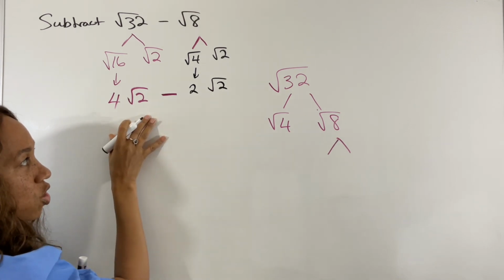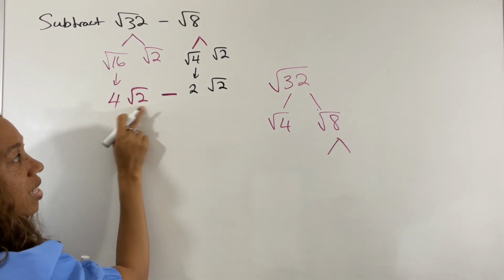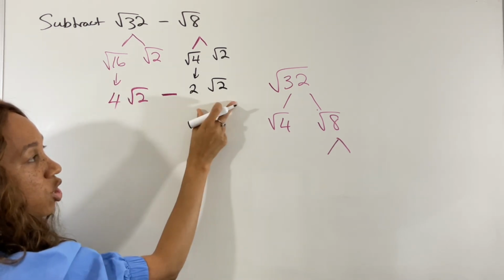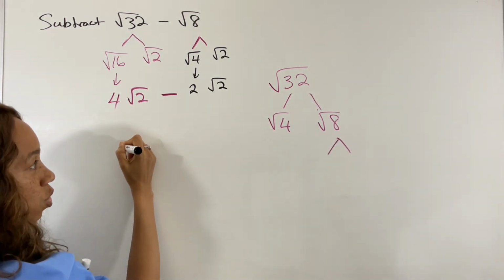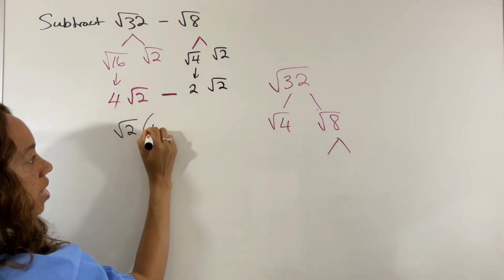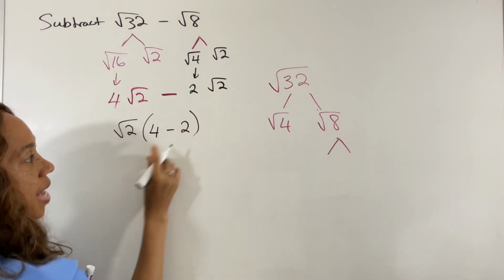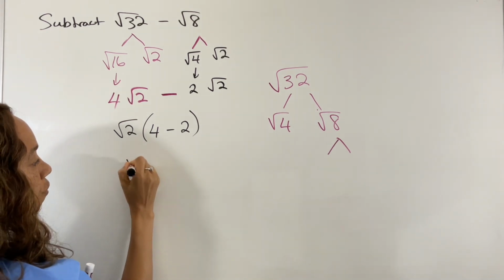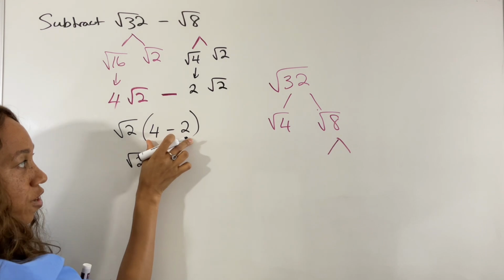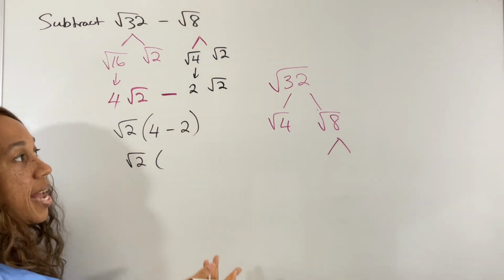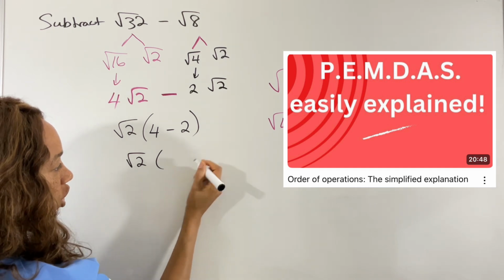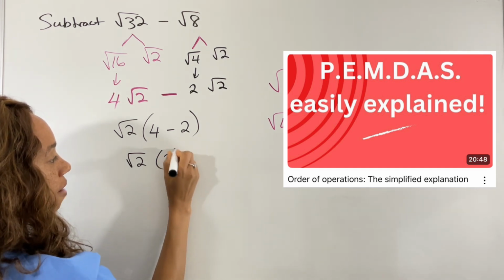Now, because you notice that you have the same radicand in both terms, what you can do is take that out, leave your coefficient inside the parentheses, and you will follow through and simply do what's inside the parentheses first, following the order of operations, and you can go back and watch my video on order of operations to help you. And this you will have 2.